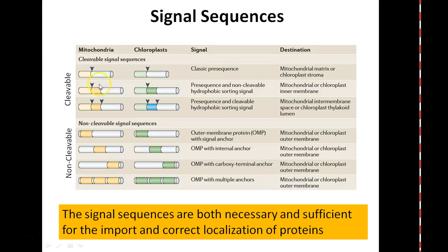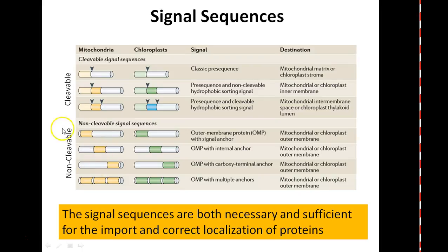Typically, for the cleavable sequences, they are located on the N-terminus portion of the protein, like here, and this black arrow means that they are cleaved. So after the protein goes to the right location, this signal sequence will be cleaved and removed because it's not important for the final protein.